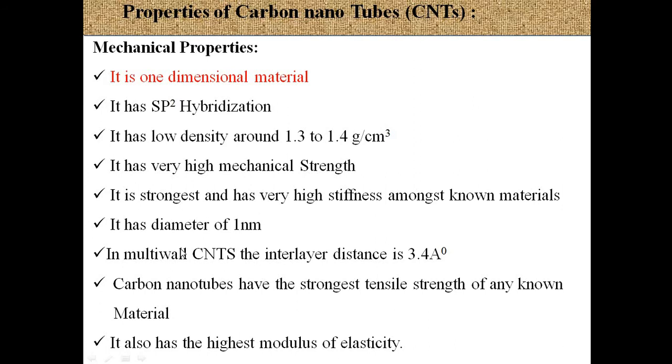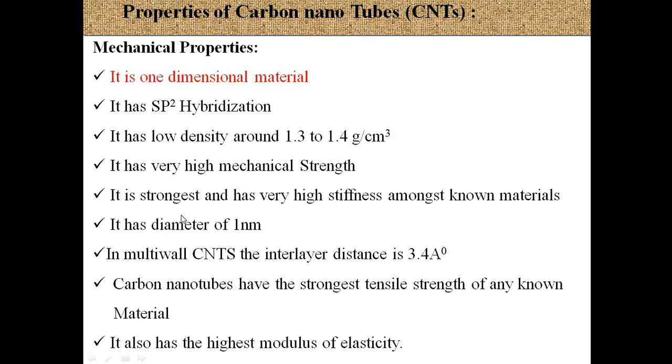In multi-wall carbon nanotube, the interlayer distance is 3.4 angstrom. So the distance from one layer to the other layer is 3.4 angstrom. Suppose two walls are there, one wall and the other wall, so in between these two the distance is 3.4 angstrom.